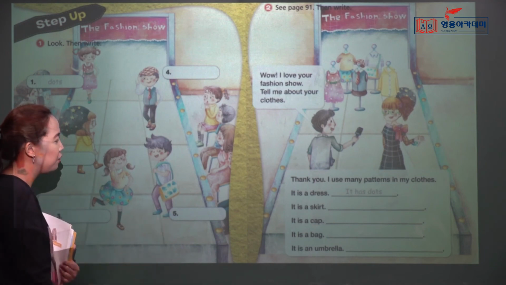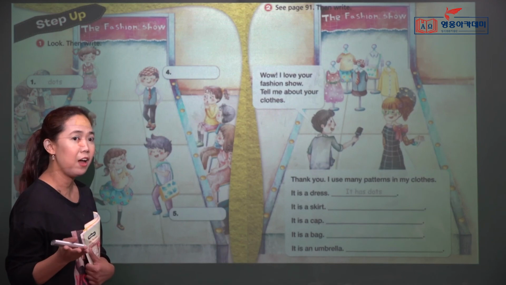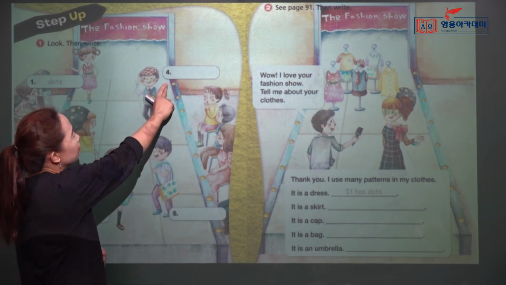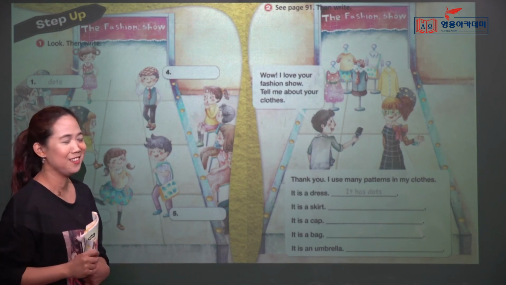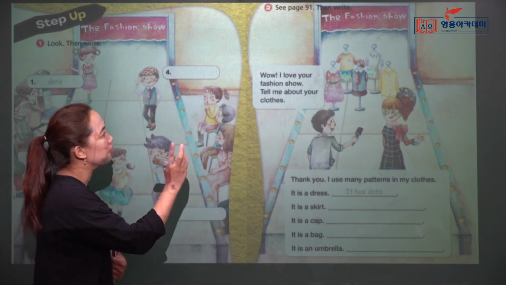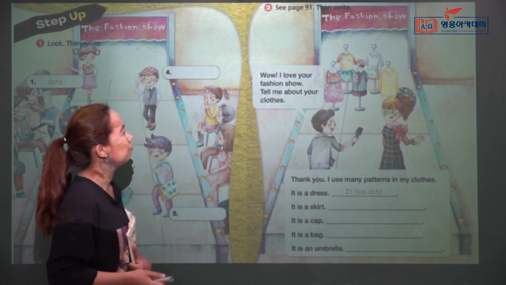And number 5, he's wearing a bag, and what is this print or what is this pattern? Handprint. All right. And number 4, he's wearing a cap which has a check pattern. That's right. After you finish answering this part, move on to the next page, 91.